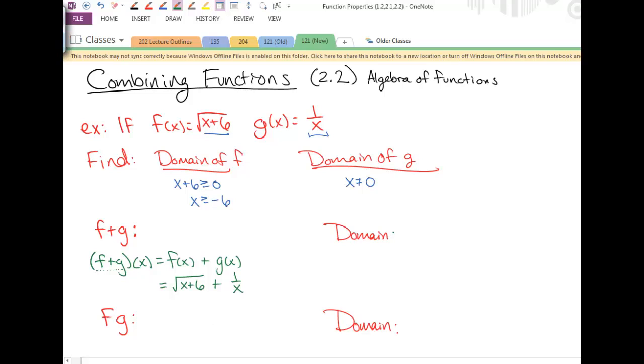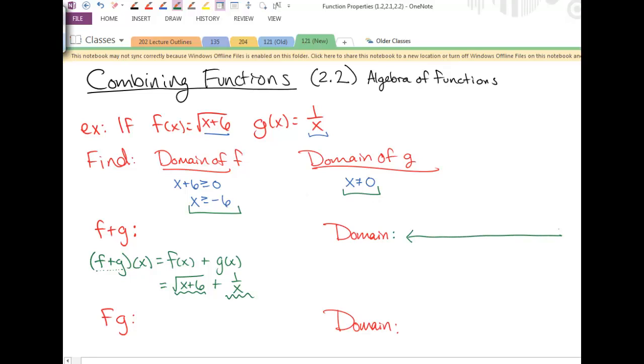Now the domain, when we put these together, has to be, well, whatever x value we use, it has to be in the domain of f, otherwise we wouldn't be able to compute that part. And it also has to be in the domain of g, otherwise we wouldn't be able to compute that part. So when you combine two functions, the domain is just the combination of the two domains from the individual pieces.